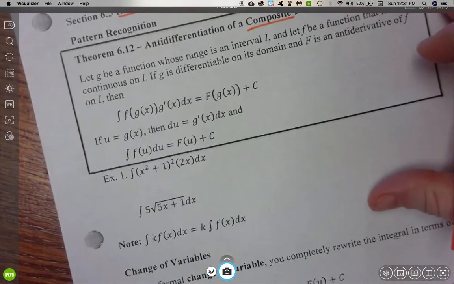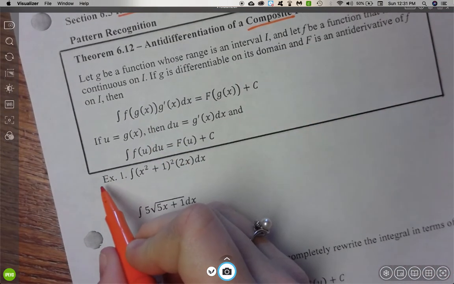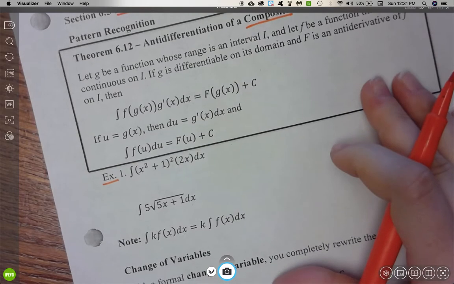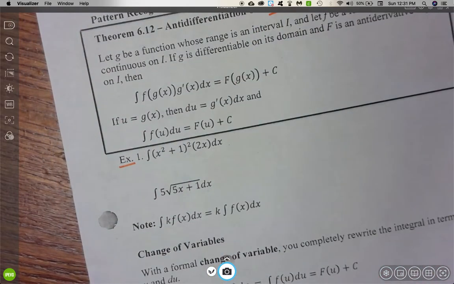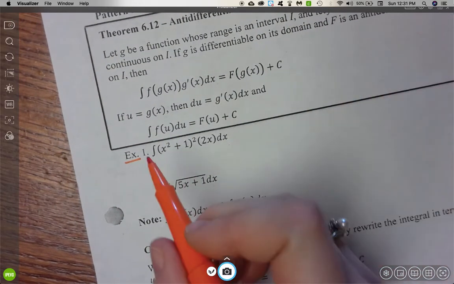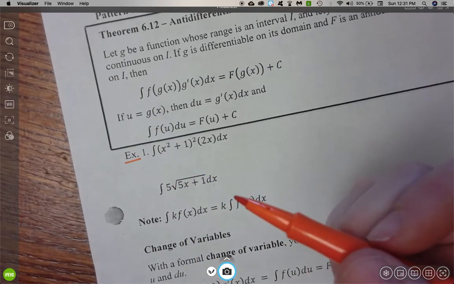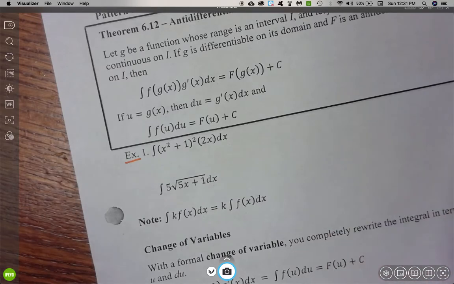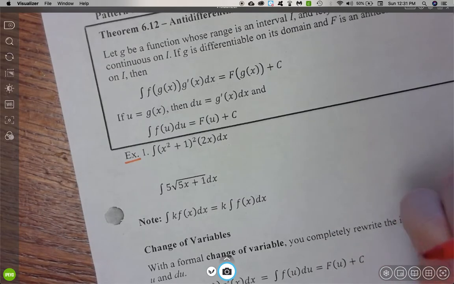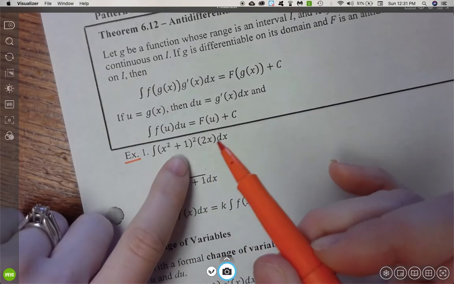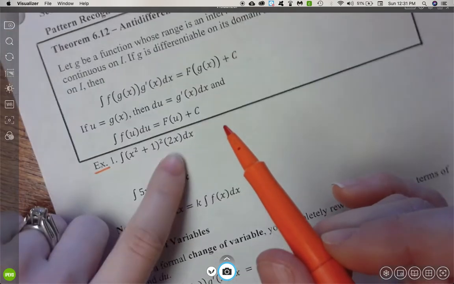So I'm going to skip down to example 1, and then maybe we'll come back up and talk about the table for just a second. When you're doing substitution, your composite function, the function that's stuck inside of something else, you're going to notice that the derivative of that thing will end up showing up in the rest of your integrand.